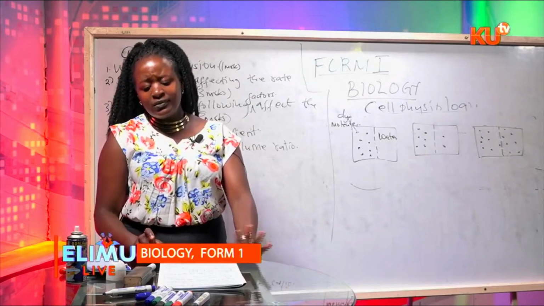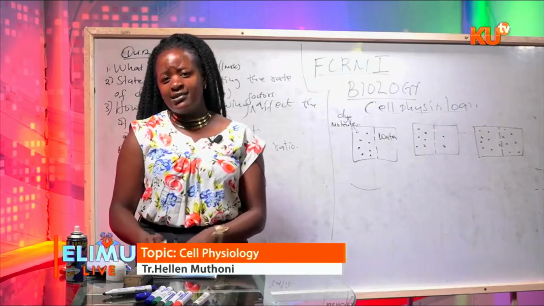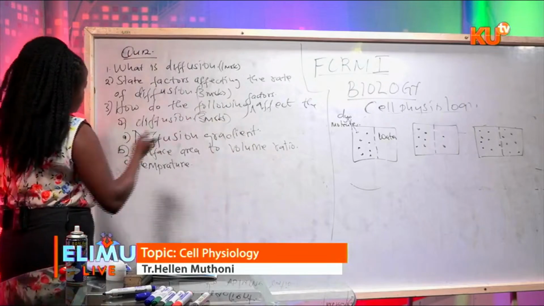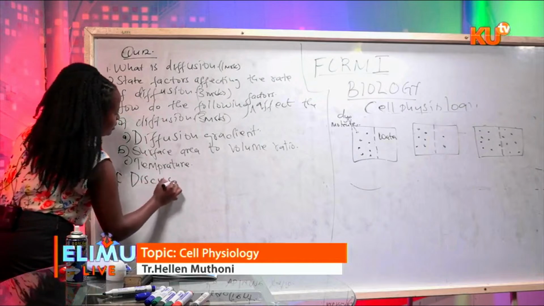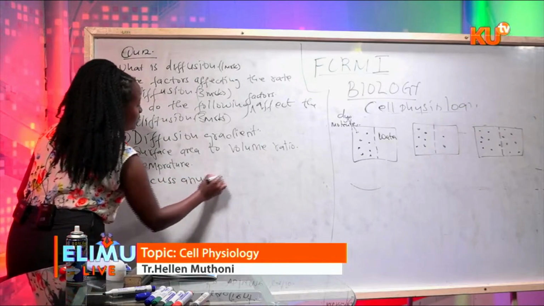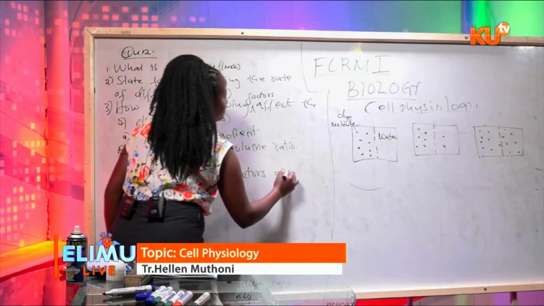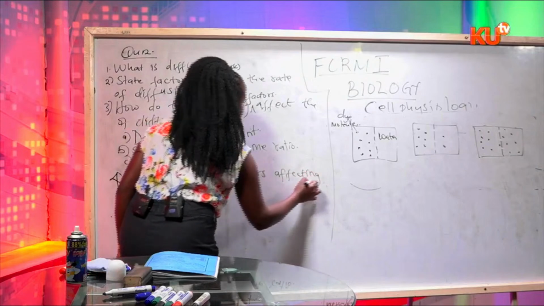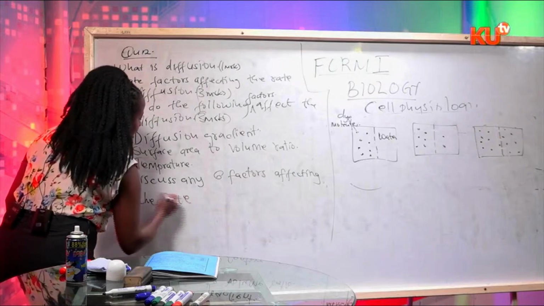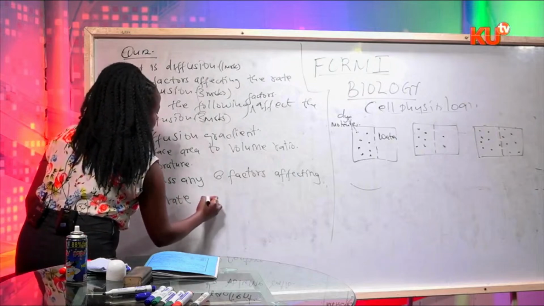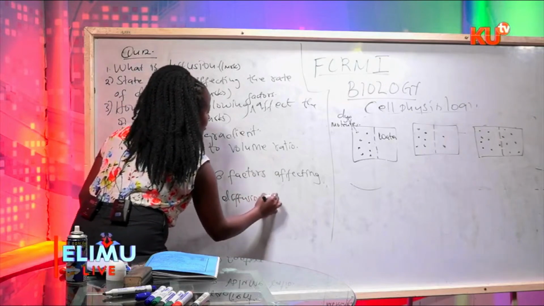And lastly, this question can be asked as an essay, where you can be asked, you can also attempt this, to discuss any 6 factors affecting the rate of diffusion. 12 marks.